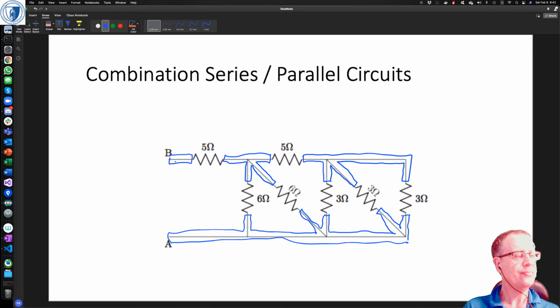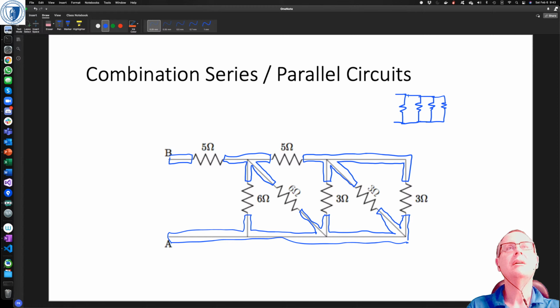So one thing I didn't tell you about parallel circuits is the same sort of equation works no matter how many items are in parallel, right?